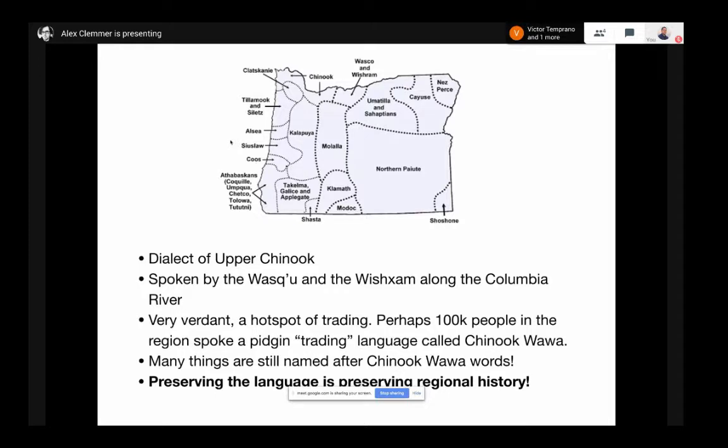Even the name itself, Chinook Wawa, is a derivative of the Kiksht word awawat, which means language. So we would say Kiksht awawat and Chinook Wawa, both meaning Kiksht and Chinook language, respectively.